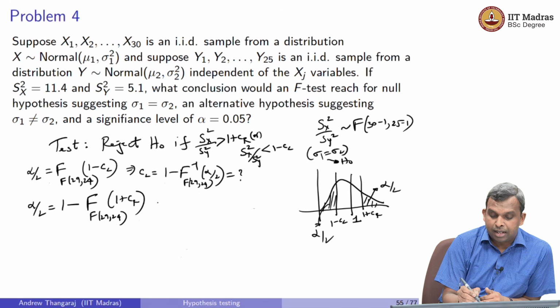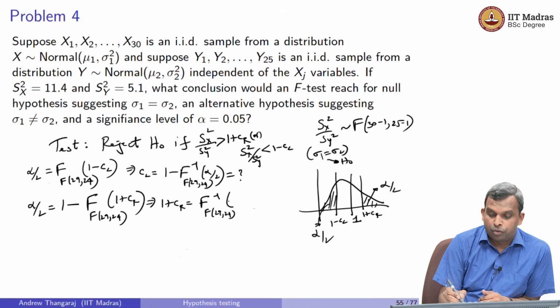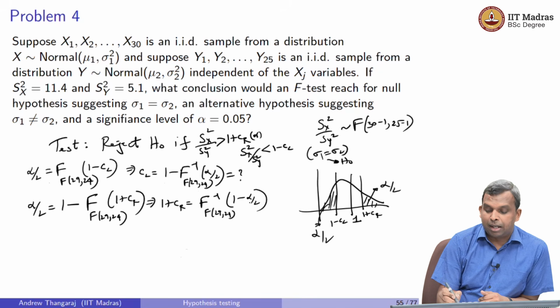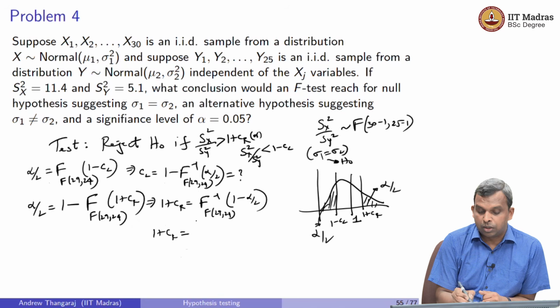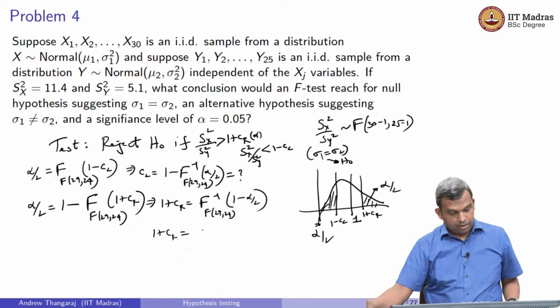So this implies 1 plus CR equals F of 29, 24 inverse of 1 minus alpha by 2. We can pick alpha as 0.05. So this will give me 1 plus CR equals what? This is the critical thing, so let's look at that.